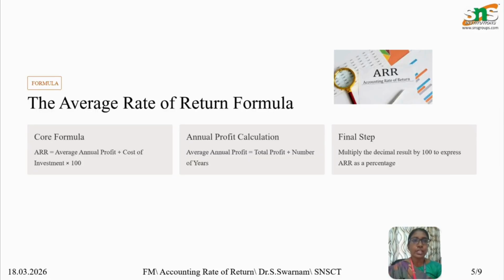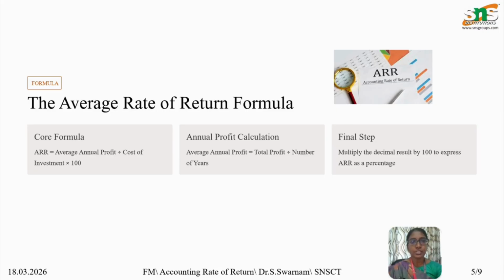The formula for calculating the average rate of return or accounting rate of return is average annual profit divided by original investment into 100.